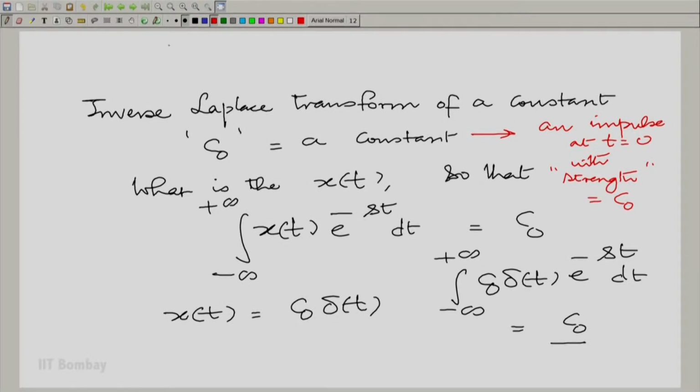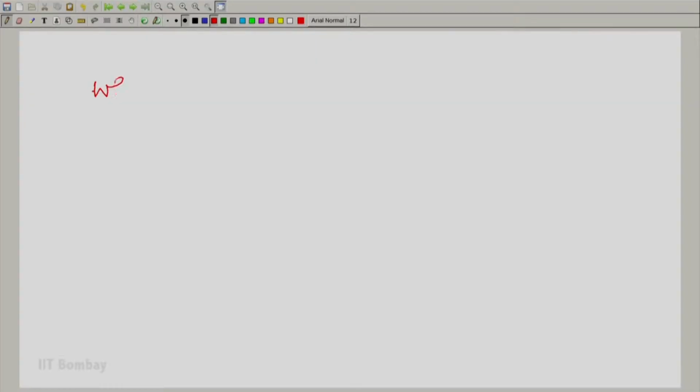Now, let us invoke the dual differentiation property. Recall that we had a differentiation property where we differentiated the Laplace transform, but now we are talking about the differentiation of the time function, which corresponds to multiplication of the Laplace transform by S. So, what happens?